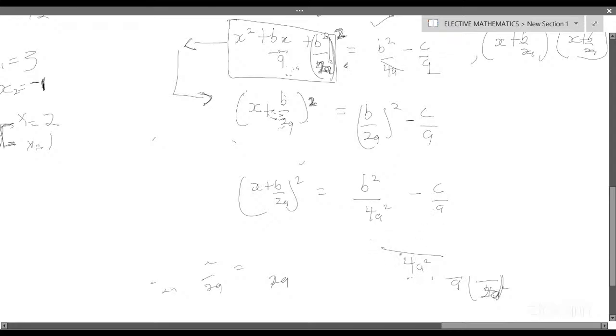So how many times will 4a squared go into itself? 1. So 1 by b squared will be b squared, right? Minus how many times will a go into 4a squared? 4a. 4a by the c will give us 4ac, right? So now this is how it's going to be.